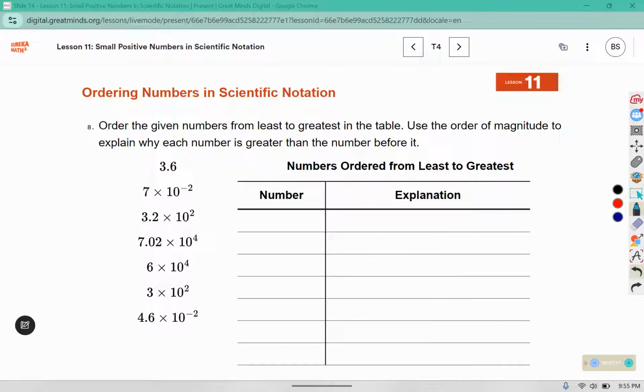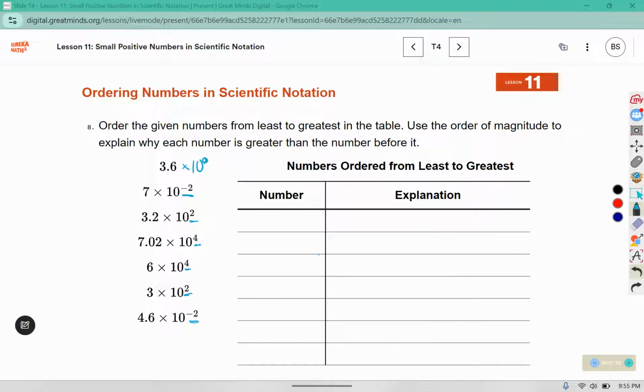We'll begin by looking at the magnitude, and the magnitude is the size of the number, or in this case, the exponents. Now, this one can be rewritten as 3.6 times 10 to the 0th power, because we don't need to move the decimal at all.